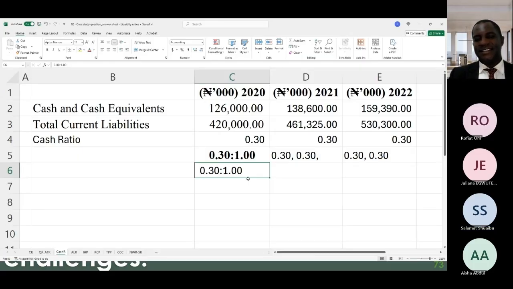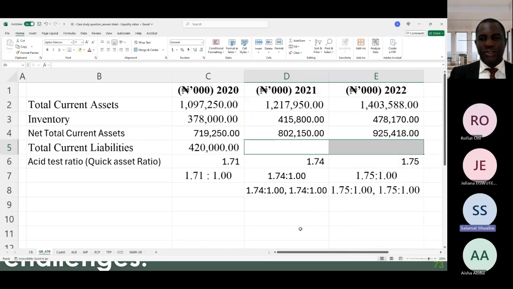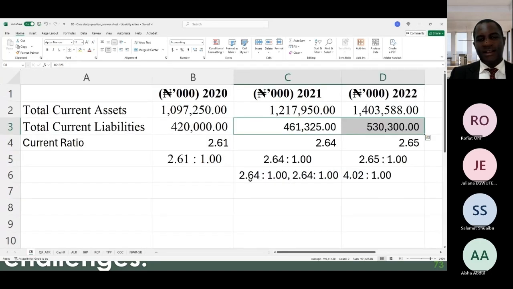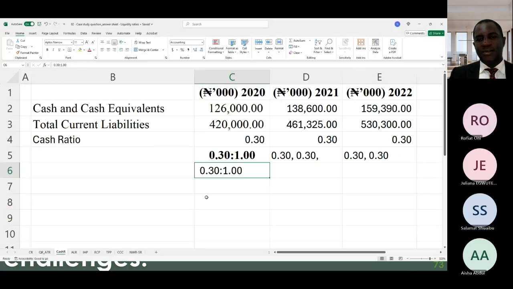Quick ratio now, you can see 174% of 1. Current liabilities is 1, but quick ratio is 174%. If you go back to current ratio, it is 264%, and we have 100%. So if you use that analogy that our current liability is 100%, then our cash ratio is 30%.